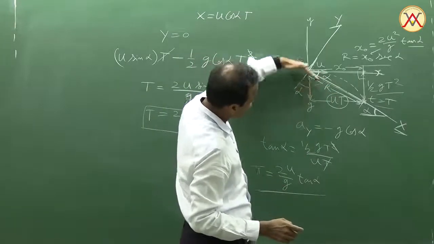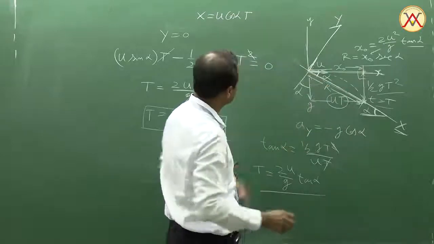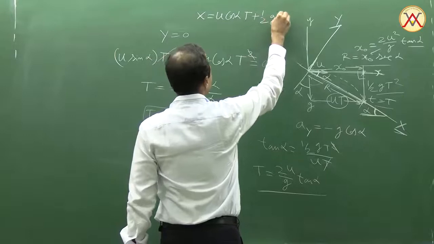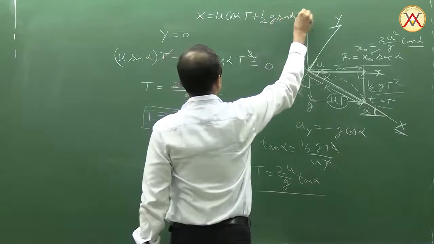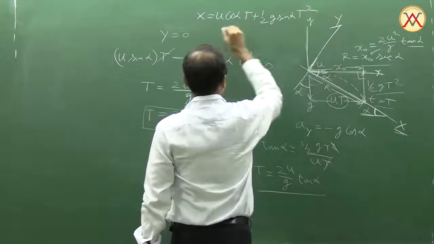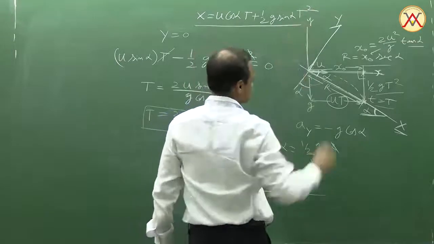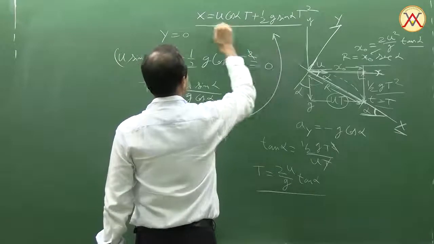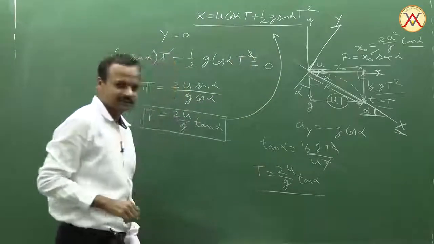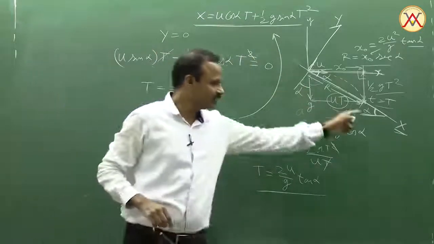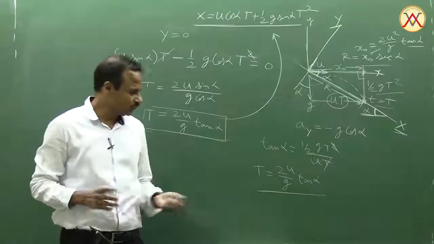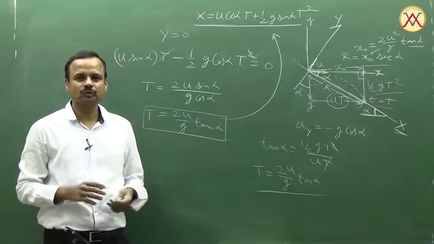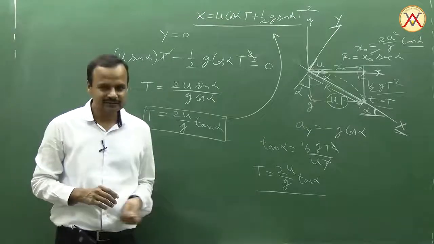The g is in this direction, so this component is g sine alpha. So plus half g sine alpha times t squared. You just have to put the value of t in this expression to get the range along the incline. So we have compared how the two coordinate systems work in this example.